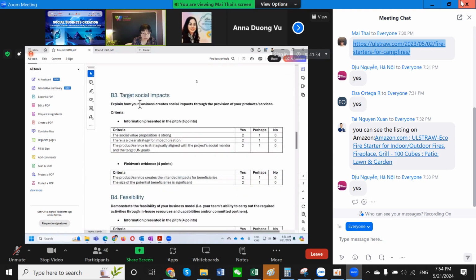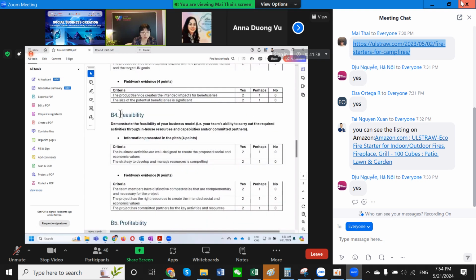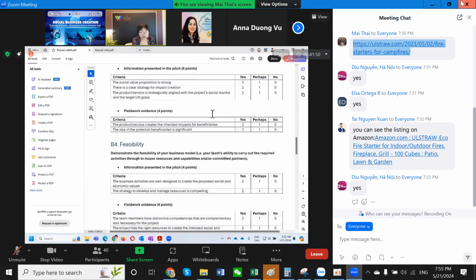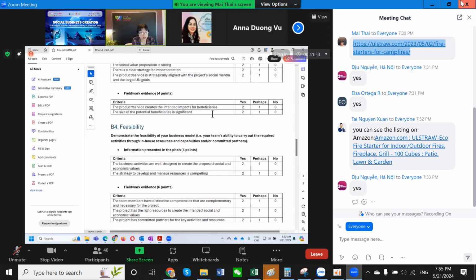And then it's important that they show that it is feasible. So go back to effectuation. They have to show here that they have the team that is able to execute this business model. I saw in round one, some of the teams say, we are going to use AI as part of the solution.